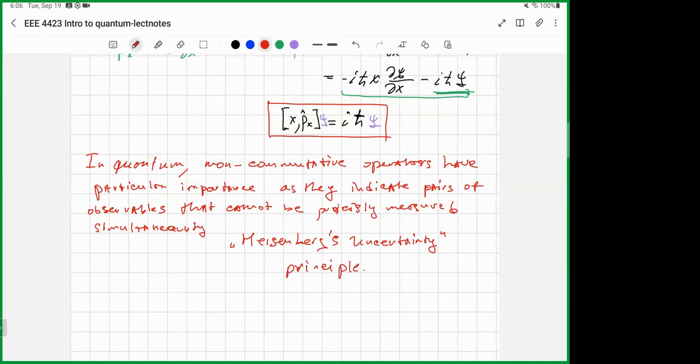All right. So if the commutator is 0, if the operators commute, the corresponding observables, quantities, can be measured in one experiment. If the commutator isn't 0, if the operators don't commute, then the quantities cannot be measured precisely in the same experiment.